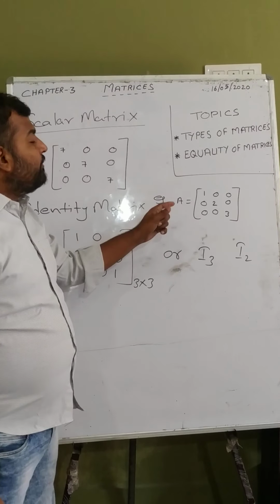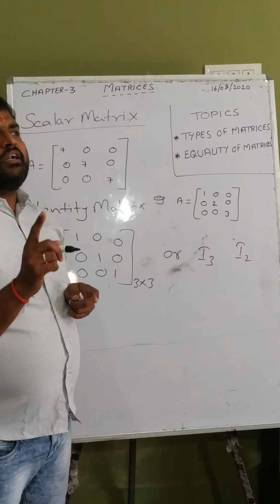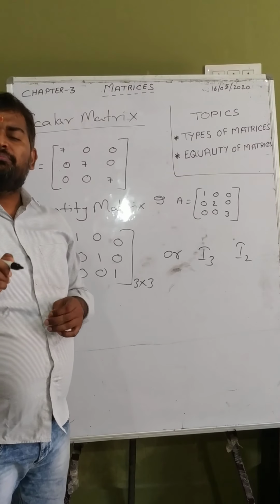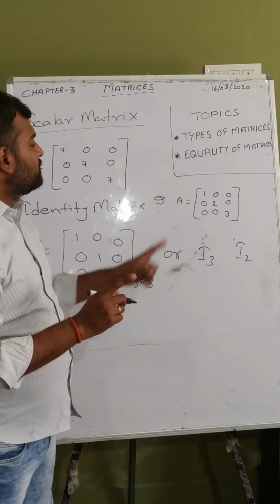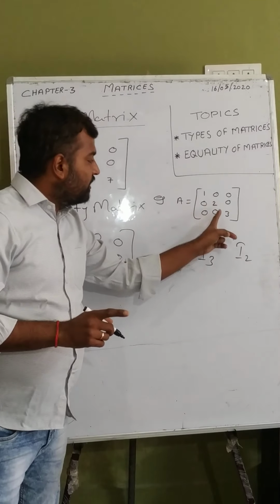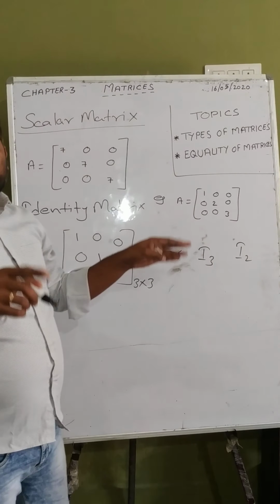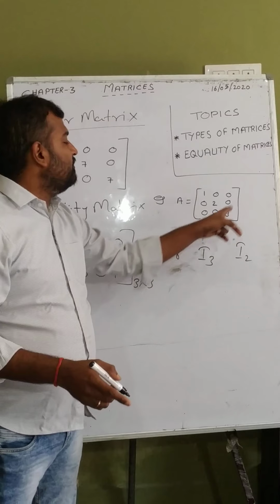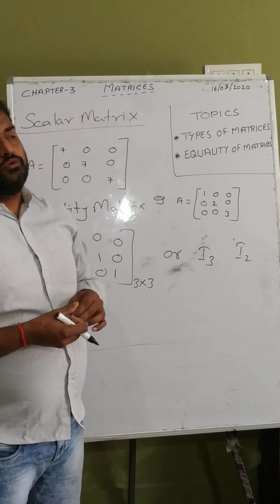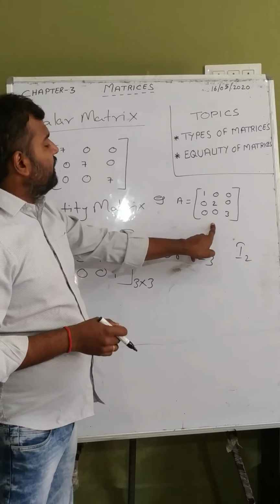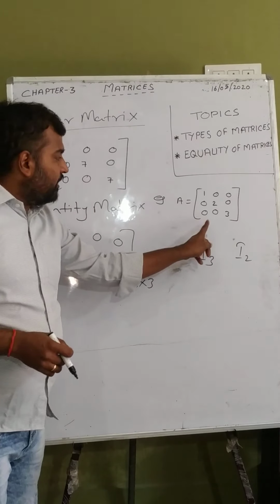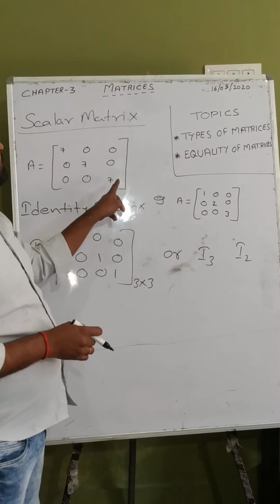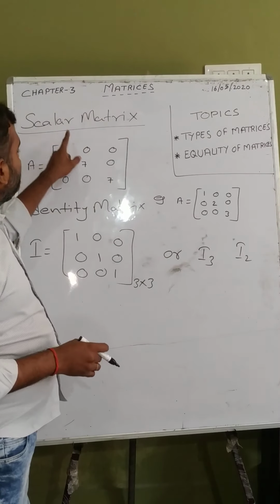Now the diagonal matrix. For B to be a diagonal matrix, it must be a square matrix in which all the elements except the diagonal elements are 0. When in a diagonal matrix all the diagonal elements become the same, that becomes a scalar matrix.